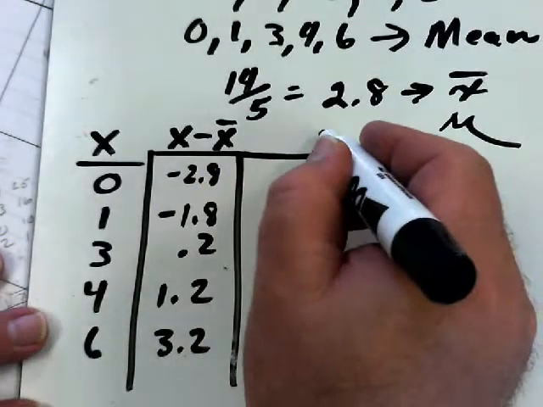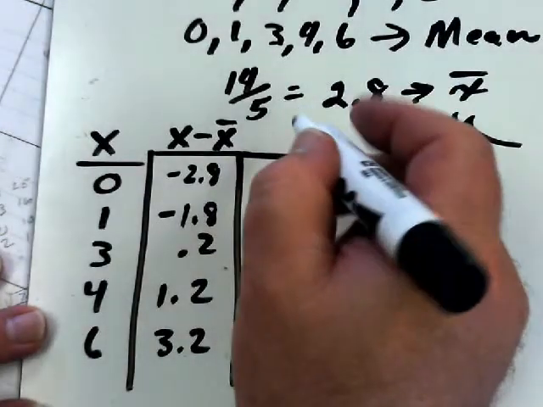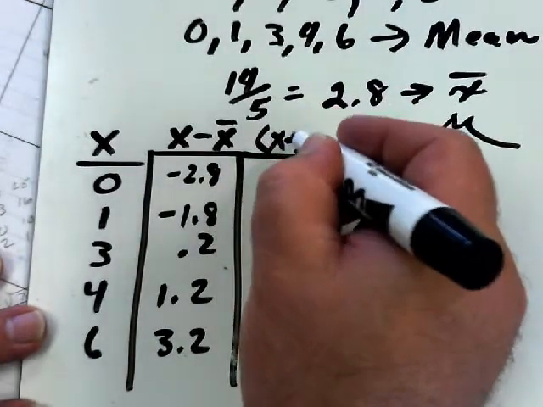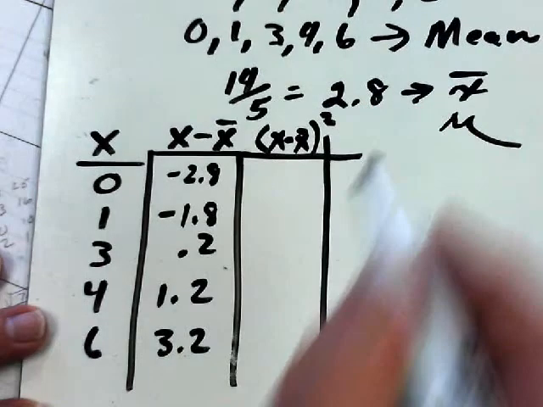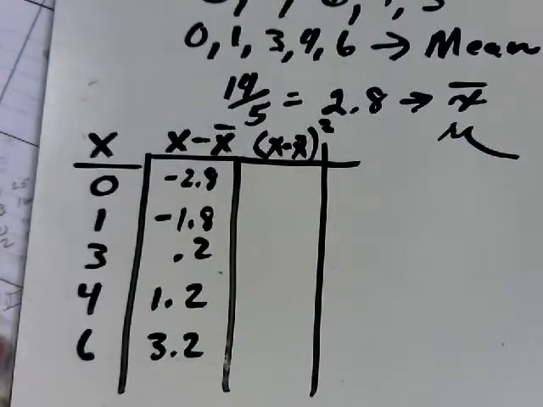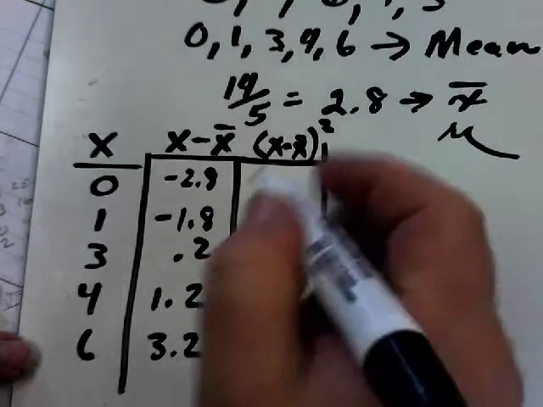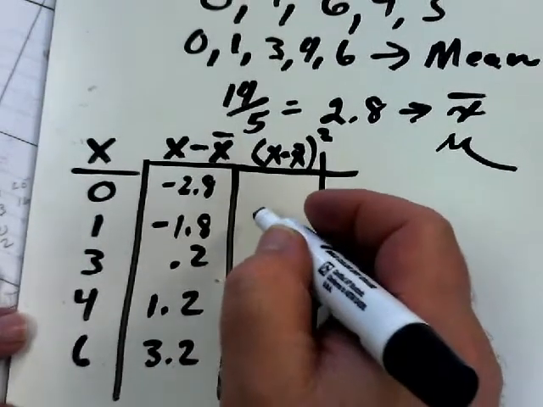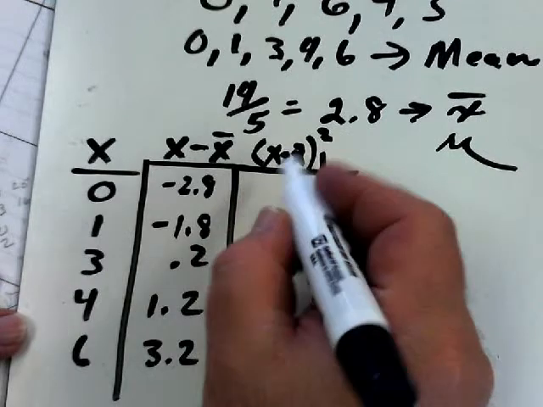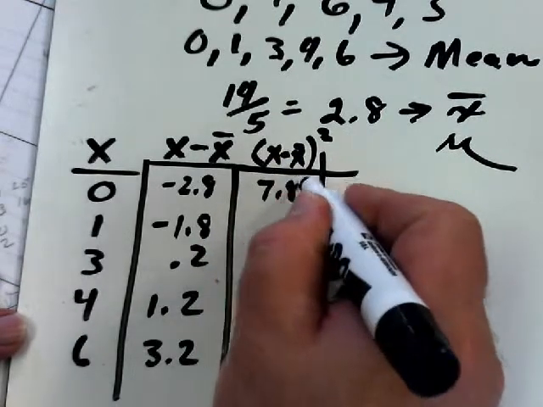Then I need another column, and it is the difference squared. So I need to find all of these and square them. So I need negative 2.8 squared. 7.84. And it turns positive, doesn't it?